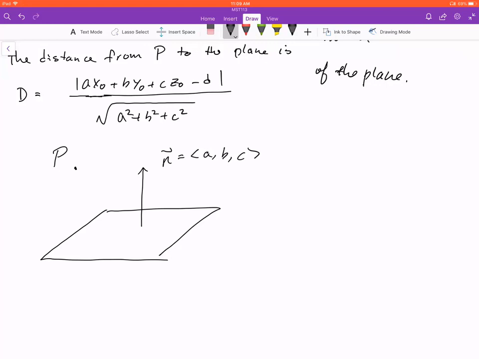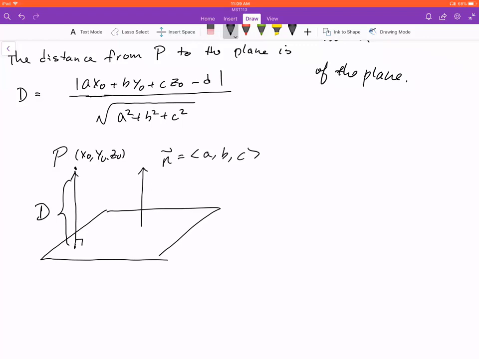We can drop a line from P to the plane and find the intersecting point, and this distance is d. The shortest distance is along the line perpendicular to the plane, so for this point x naught, y naught, z naught, this vector and the normal vector have the same direction.